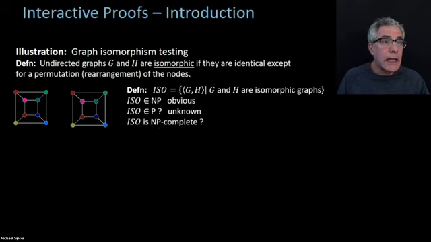Now, why is there so much attention just to this one particular NP problem? It's because it's not known whether the graph isomorphism problem is NP complete. ISO is not known to be an NP complete problem. And that puts it into a very, very small class of problems in NP which are not known to be either in P or NP complete. It's kind of a curiosity that for NP problems, almost all of them have ended up being on one side or the other.